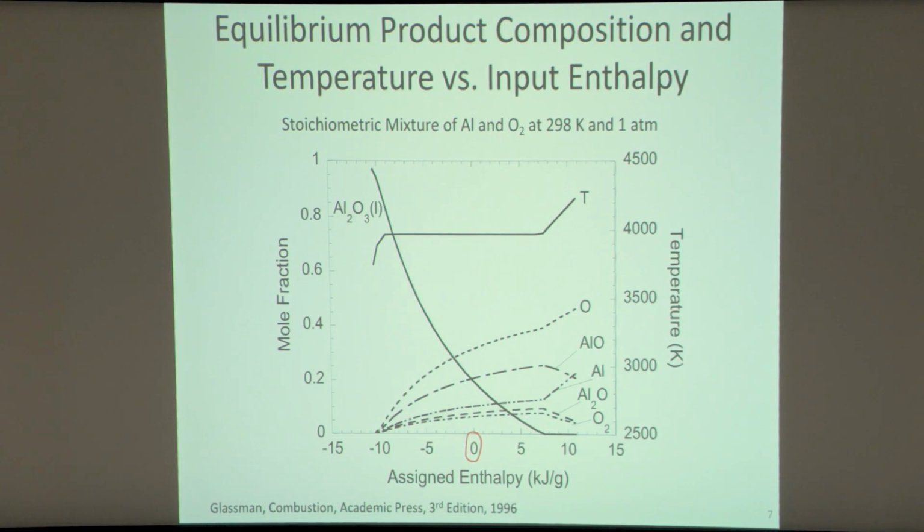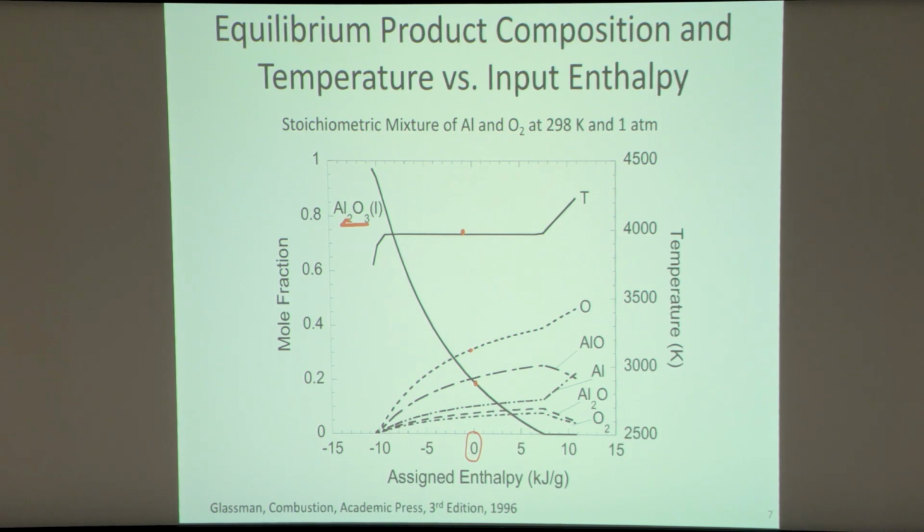So if I were to do that calculation, what I would find then is the adiabatic flame temperature for this reaction would be close to 4,000 Kelvin. And if I looked at what was in the products, I would see that about 20% of the products was liquid aluminum oxide, and then another 30% was atomic oxygen, maybe 25% aluminum monoxide, etc.